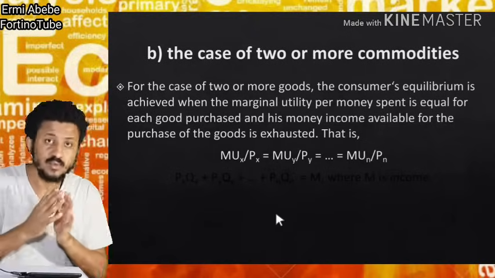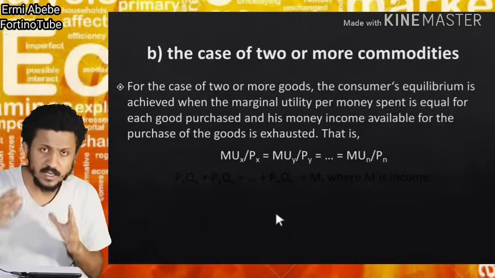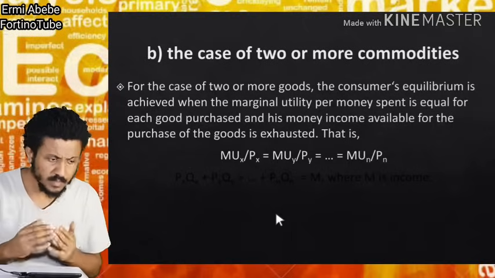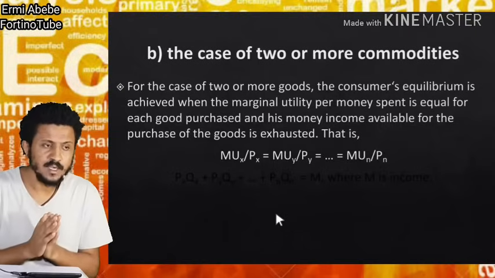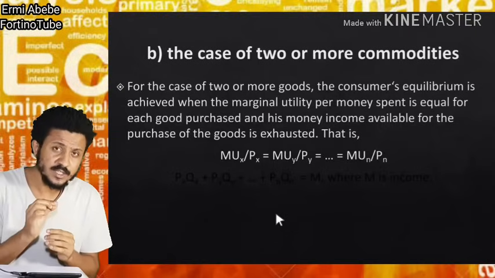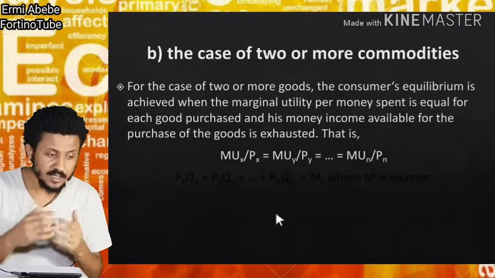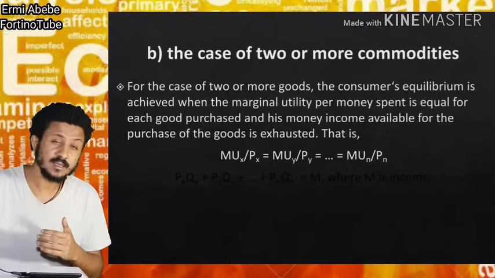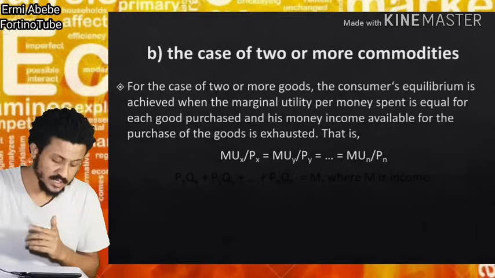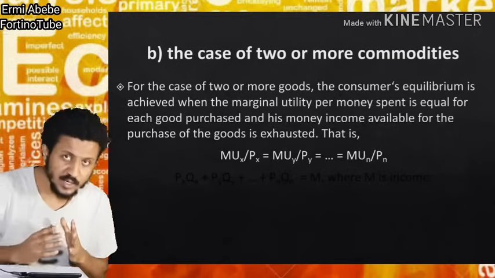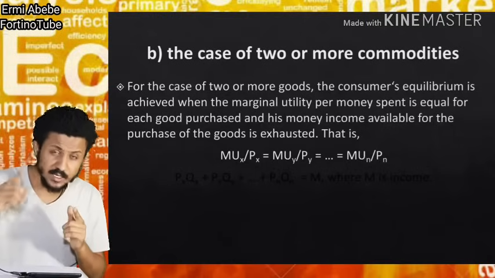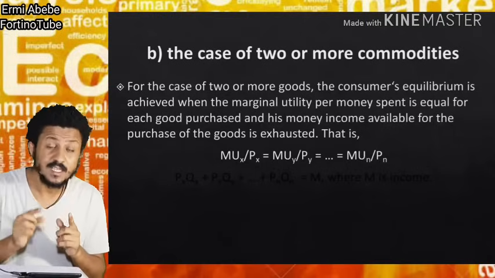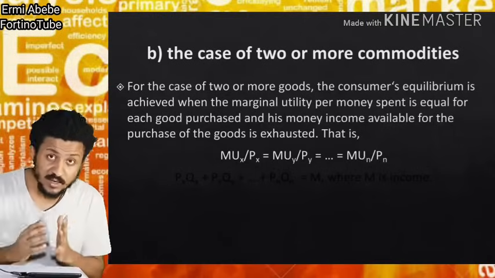ይሄ እንዴት ነው የመጣው የሚለው ቅድም በአንድ ኮሞዲቲ ጊዜ እንዴት ነው ያደረግነው? ማክሲማይዜሽን ኦፍ ዩቲሊቲ ፈንክሽን ማይነስ the amount of money spent on that product ነበር. ስለዚህ ሲሚላርሊ አሁንም በዛው አይነት ሜትድ ራሳችሁ ሶልቭ አድርጋችሁ ሞክሩና ያዩታል. ማርጂናል ዩቲሊቲ ኦፍ ኤክስ ኢዝ ኢኳል ቱ ፕራይስ ኦፍ ኤክስ ነበር አይደል ቅድም የመጣው.